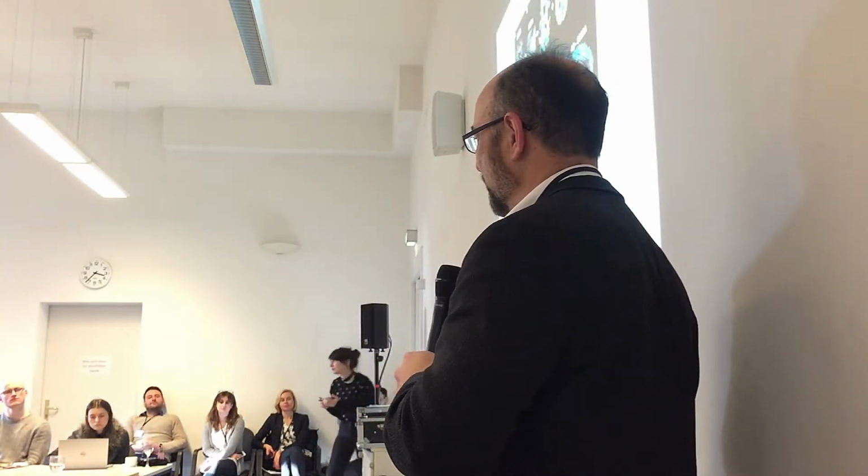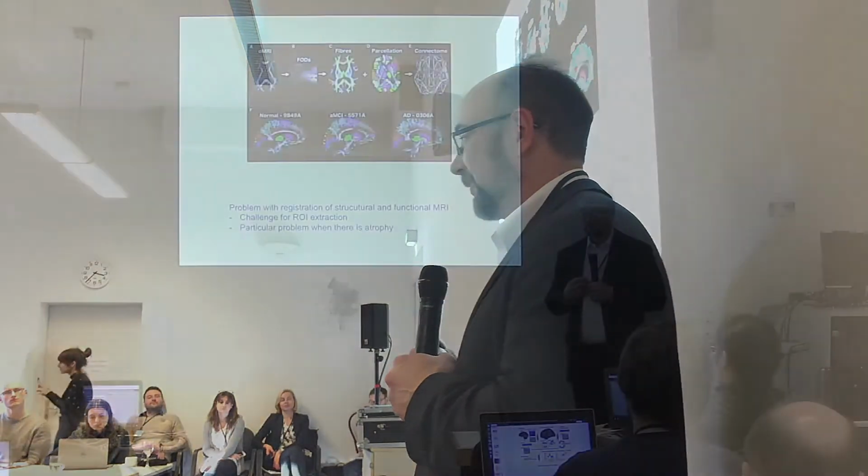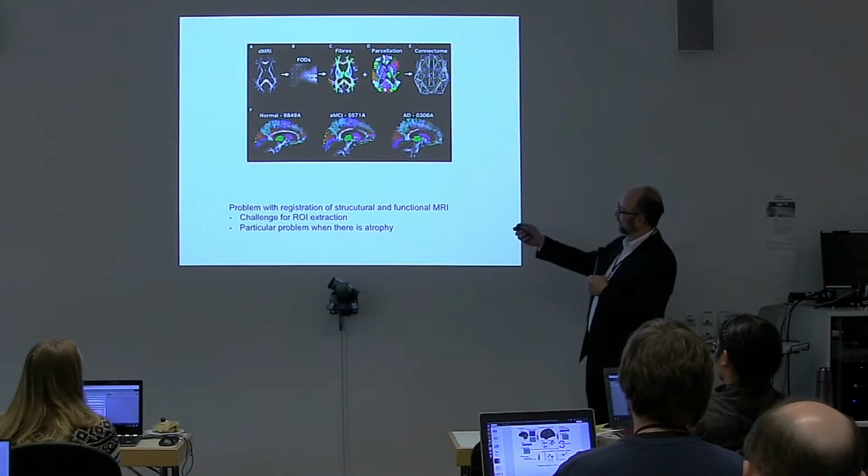So as critical as it is to check your data when you're doing healthy controls, it's even more so when you're dealing with patients, more so when you're dealing with older people who have large ventricles. This is an Alzheimer's patient, this is an MCI patient, this is a control.